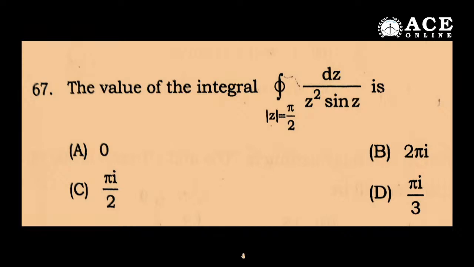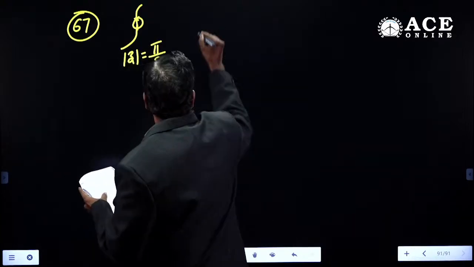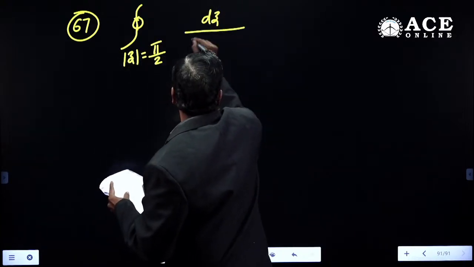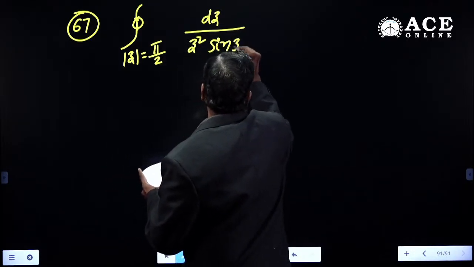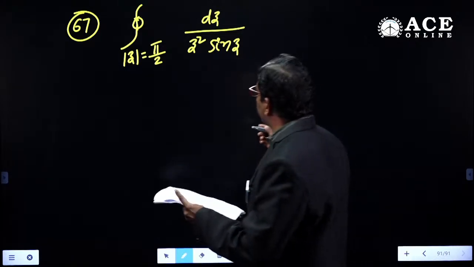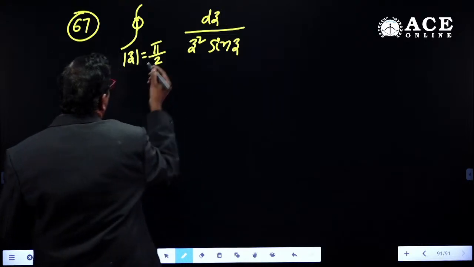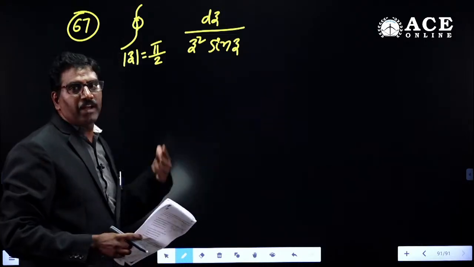Value of the integral over mod z equal to pi by 2, dz by z square sin z. What is the question here? The complete integral value is required here.